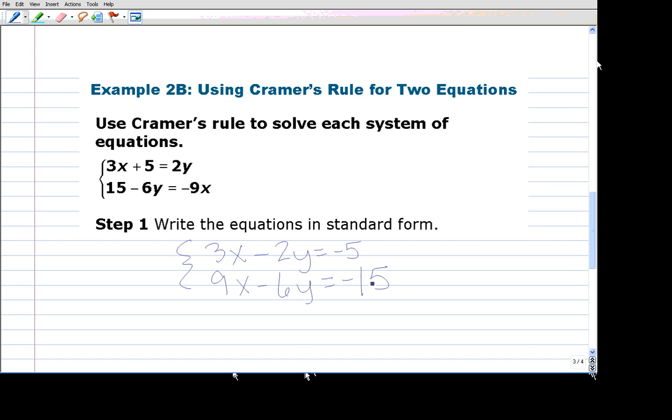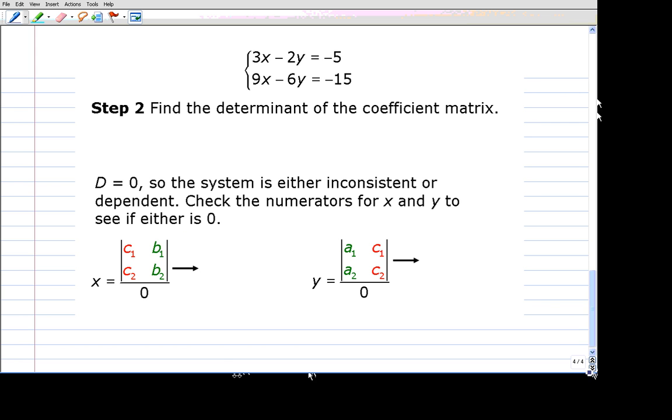Now that our equations are in standard form, we can proceed by finding the determinant of the coefficient matrix. So here are the equations in standard form again. So it's easy. The determinant of the coefficient matrix. Our coefficient matrix is 3, 9, -2, and -6.